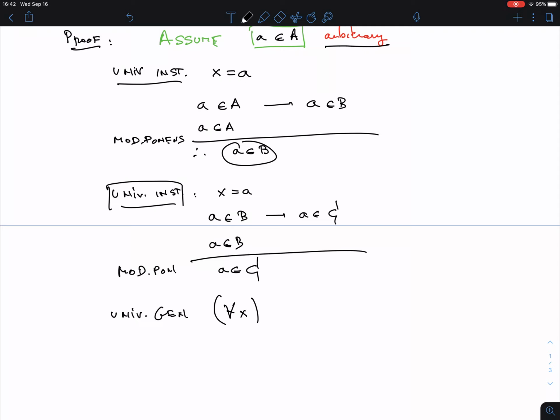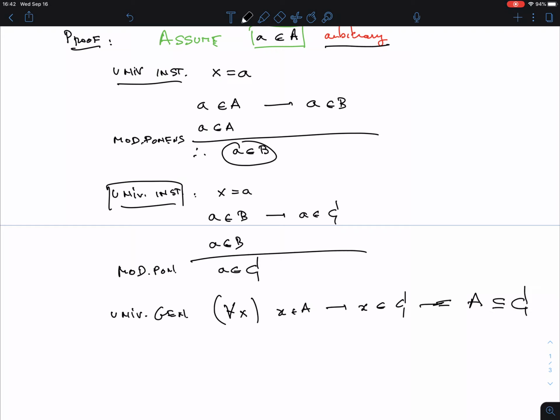So for all x, if x is in A, then x is in C. That's what we have now formally proved, right? We started from this assumption, we reached this conclusion, and we did this for arbitrary a. That means for all x, if you start from x in A, you can conclude x in C. And this is just what it means for A to be in C.